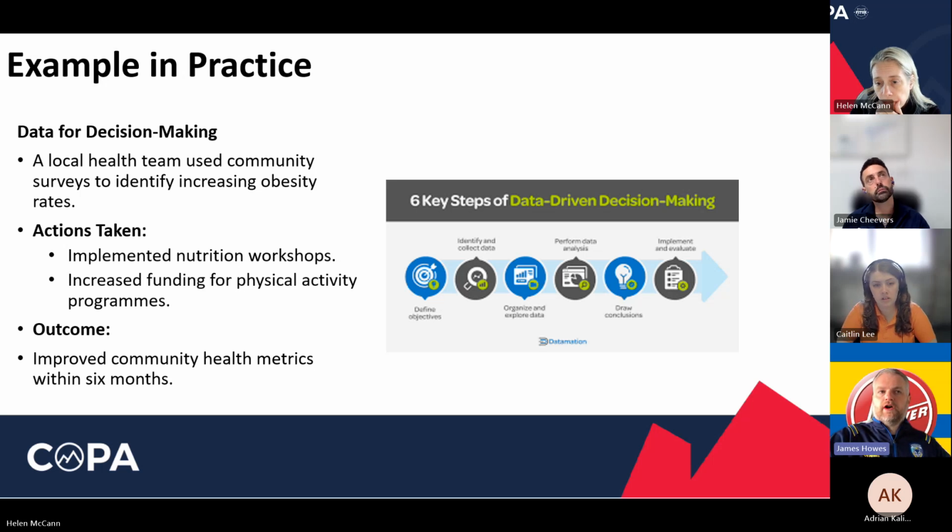So when we started to look at some of the reasons behind that, there's a correlation between mental health and financial circumstances.